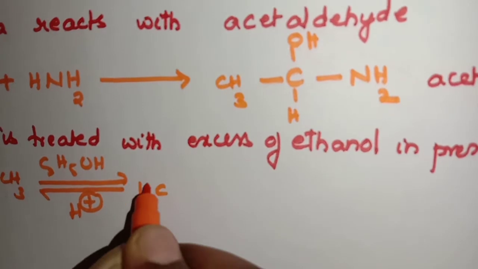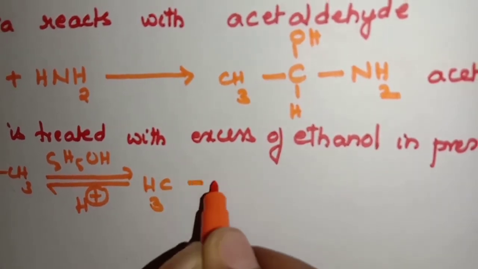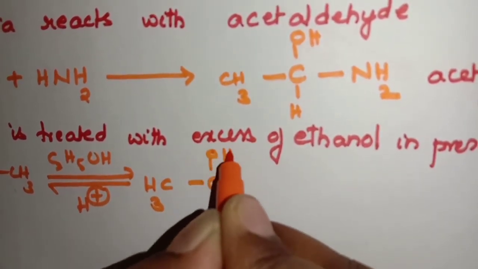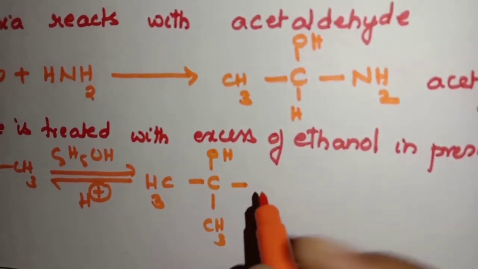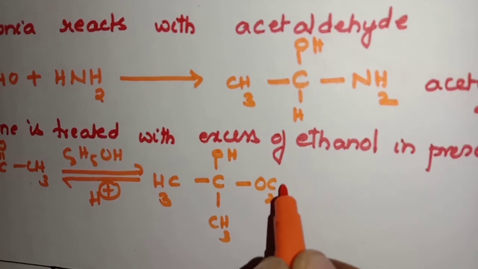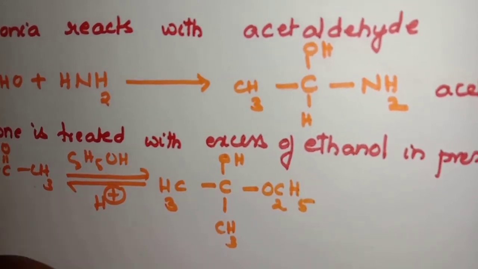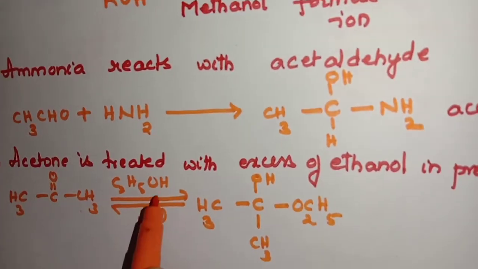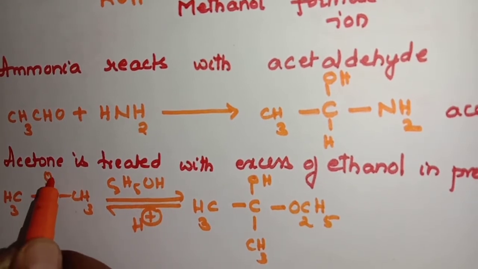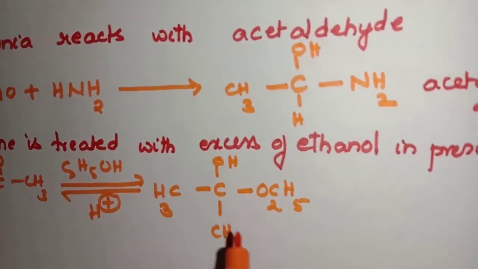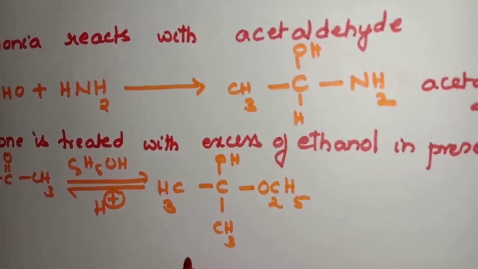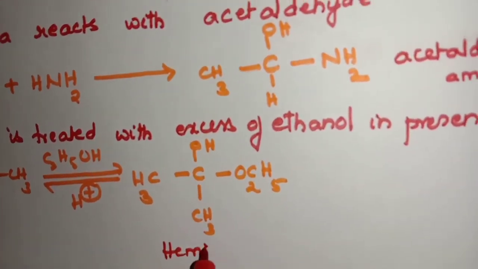We get CH3C(OH)(OC2H5)CH3. So what happened? This pi bond is broken and H from ethyl alcohol comes to oxygen and OC2H5 goes to carbon. This is called hemiketal.